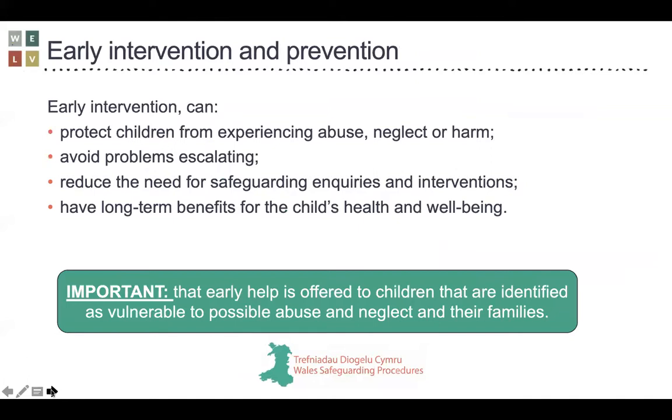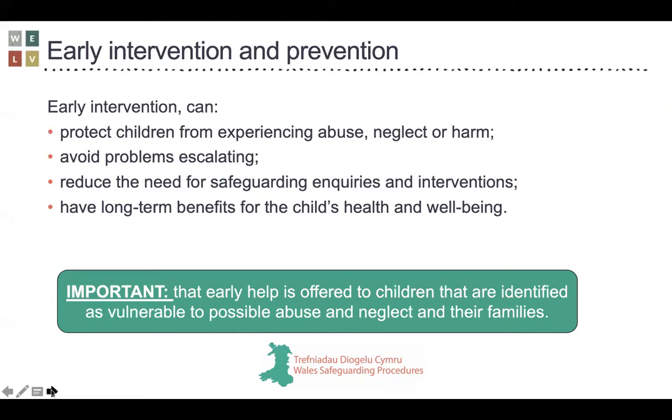So we've considered the principles, we've considered the definitions. It is important also, as was referred to earlier, that we do give consideration to the early intervention and prevention element of safeguarding. Early intervention can protect children from experiencing abuse, neglect, or harm.